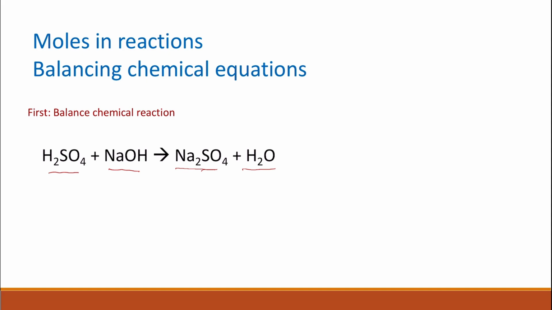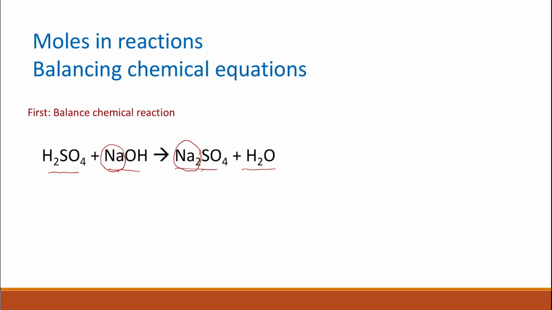How can we balance this one? When you do your balancing, the first thing you look at is if you have any metals, so you look at the metals first. Now we have the metal here, which is sodium. On the reactant side, which is the left-hand side of the equation, we have only one sodium, but we have two sodiums on the right-hand side in the product.